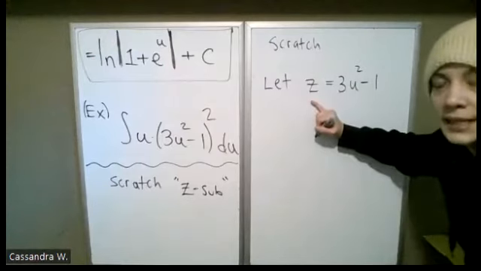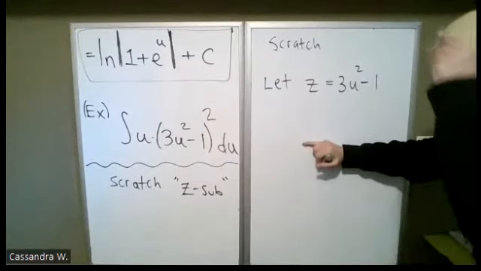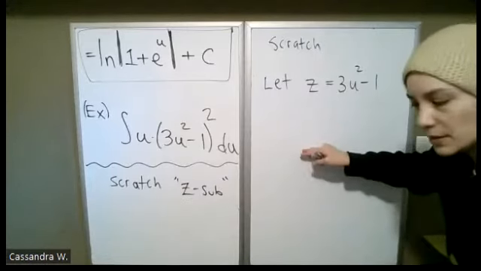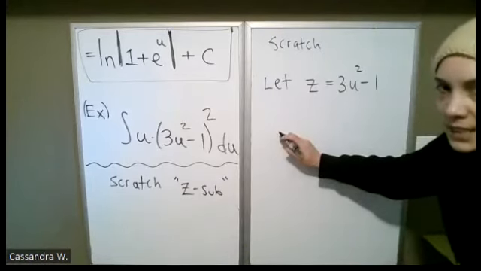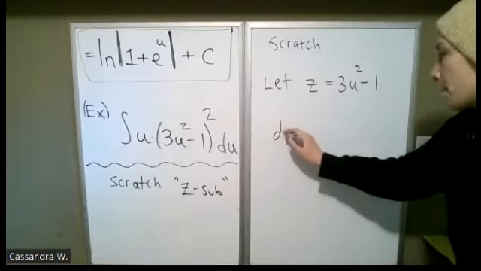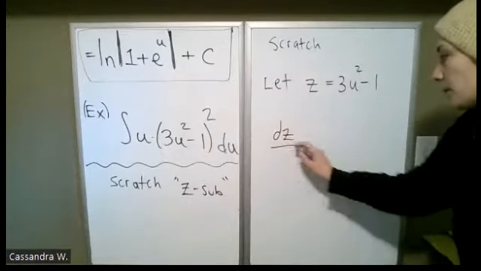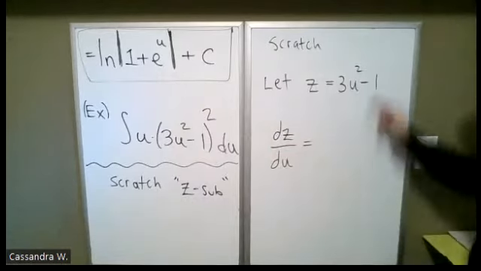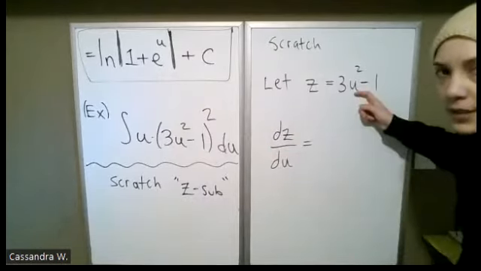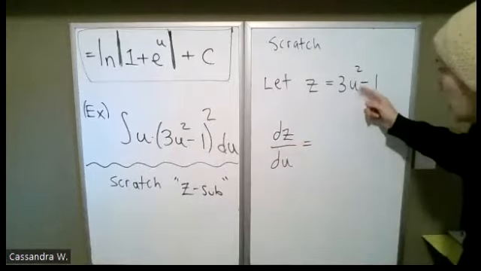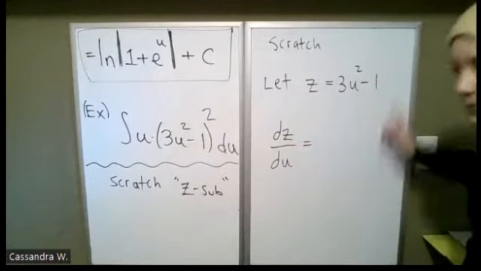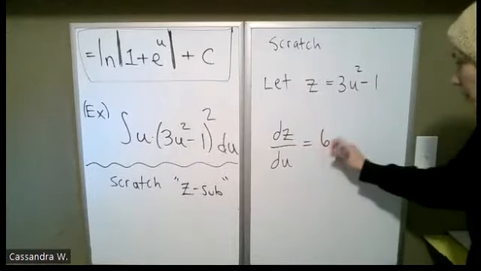Okay, then we're going to do a derivative and get the derivative of Z with respect to u, dz du. Then over here, the derivative would be 6u minus 0, 6u.